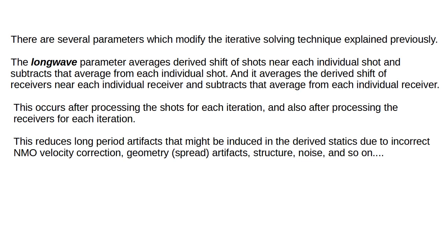This occurs after processing the shots for each iteration and also after processing the receivers for each iteration. This reduces long period artifacts that might be induced in the derived statics due to incorrect elevation velocity correction, geometry spread artifacts, structure, noise, and so on.